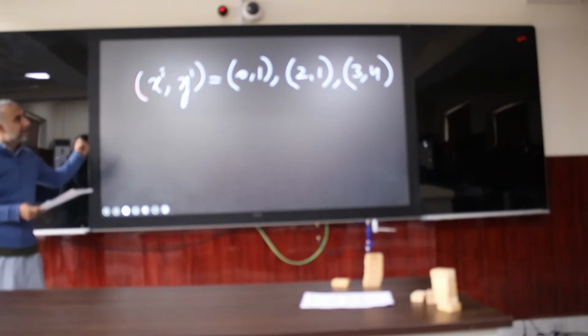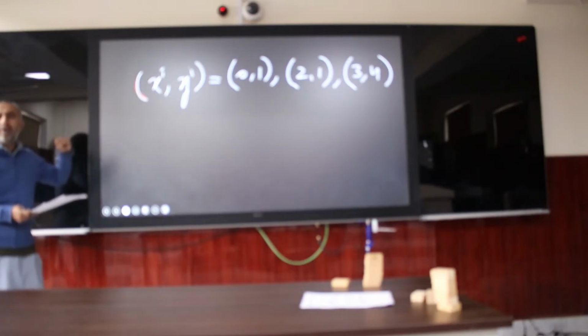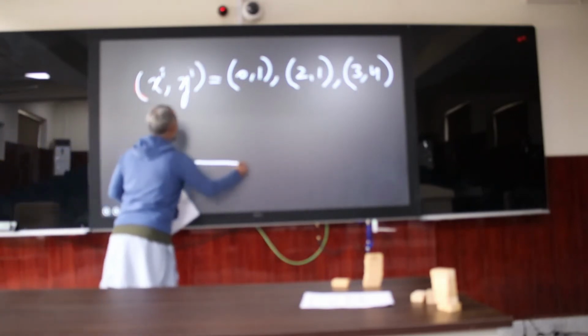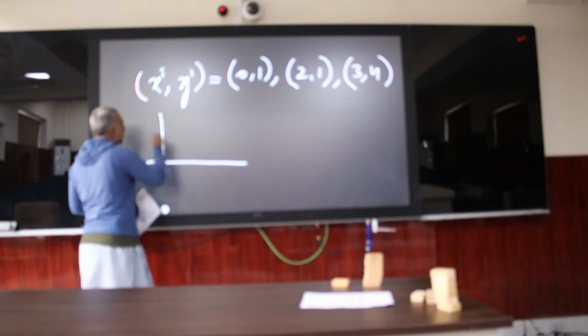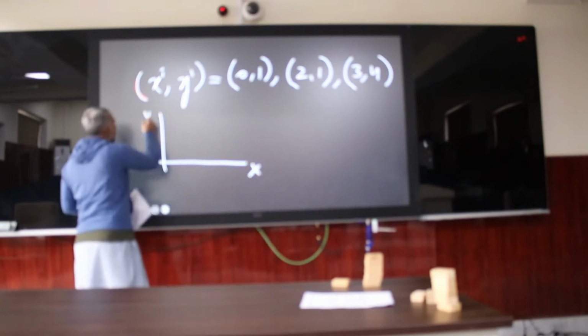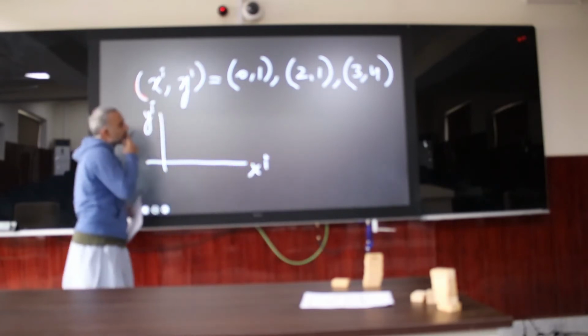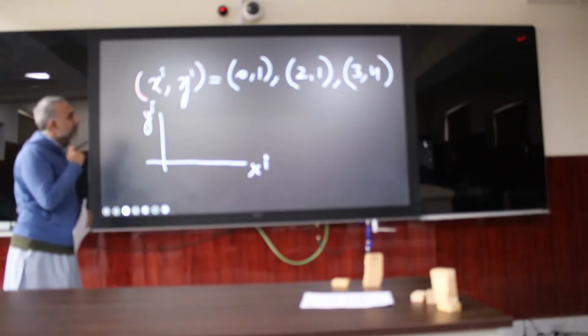I asked you to determine a linear regression line for these points. So what do you need to do? There are 2 axes, the x-axis and the y-axis, and there are a total of 3 points.